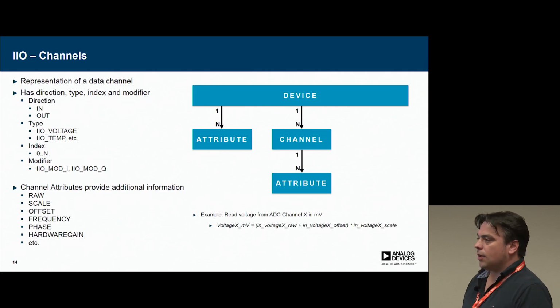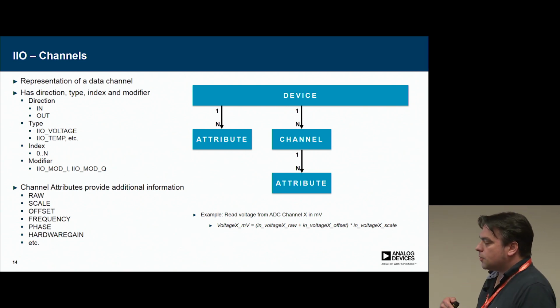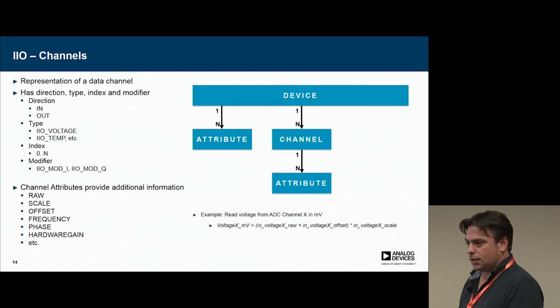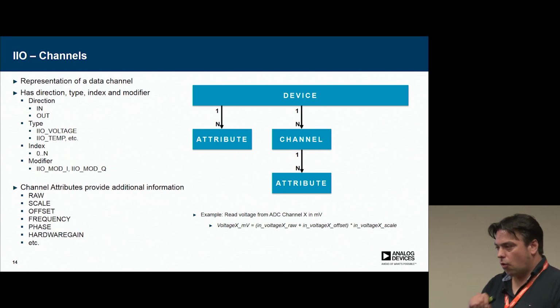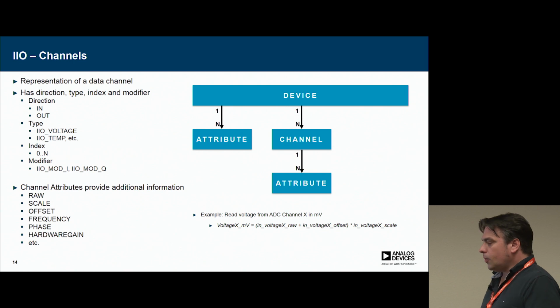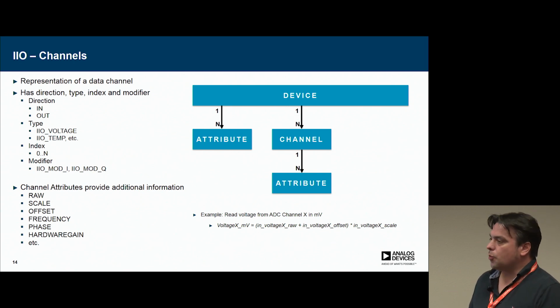A device can have multiple channels. A channel is the representation of a data channel and has a direction, whether it's input or output. It has a type, whether it's a voltage or a temperature or a current. It has an index because you can have multiple channels, and also modifiers.